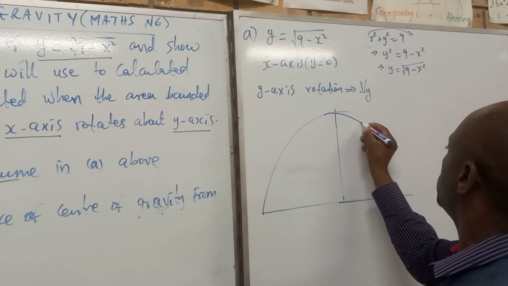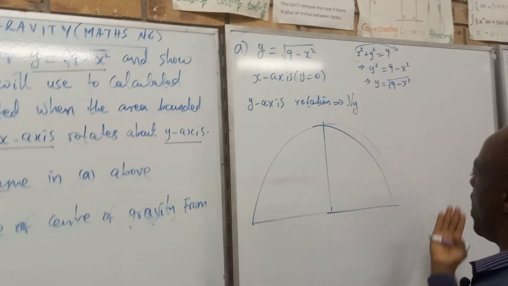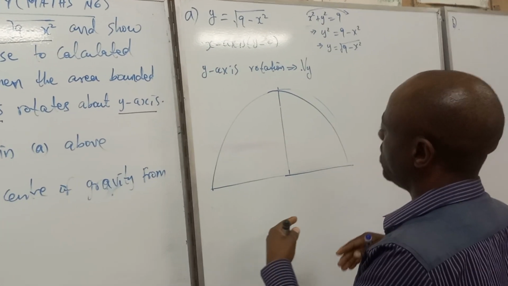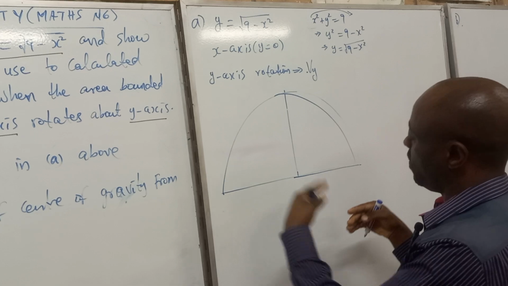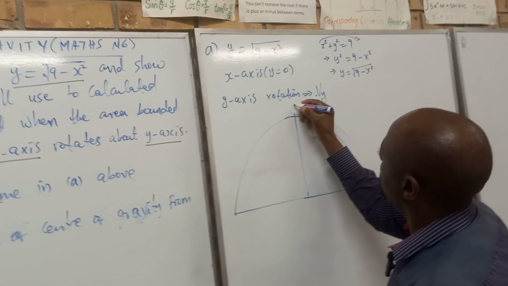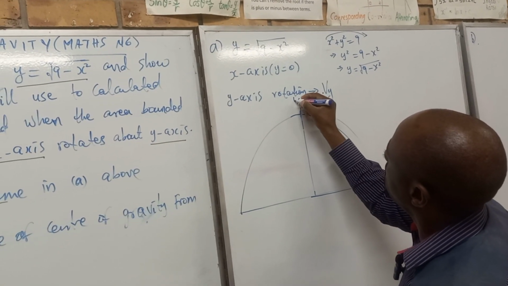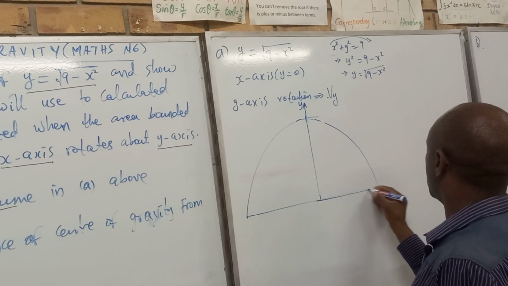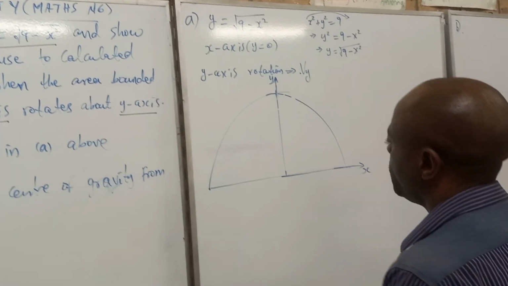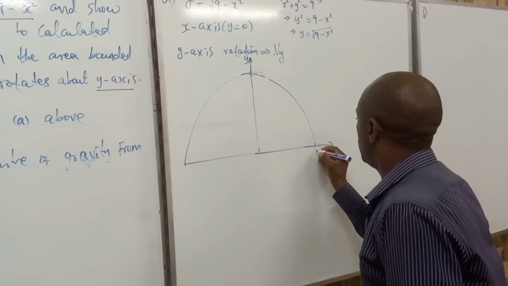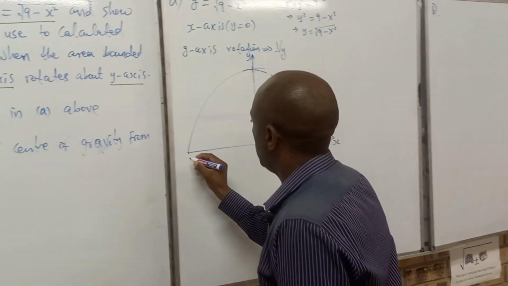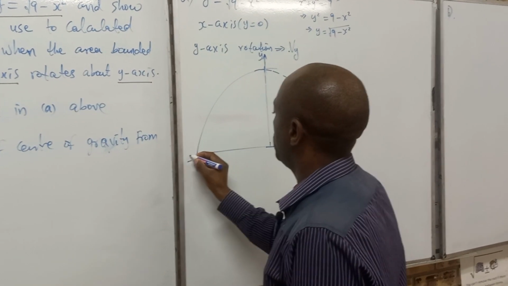If they make x the subject, we'll be dealing with the right half. With x the subject, positive is the right half, negative is the left half. So those are the little techniques you need to know from sketching graphs. So that is our graph. So we have our 3 and our negative 3.